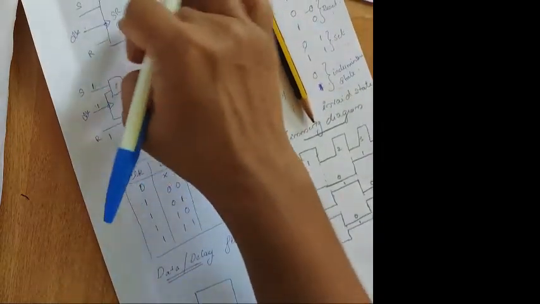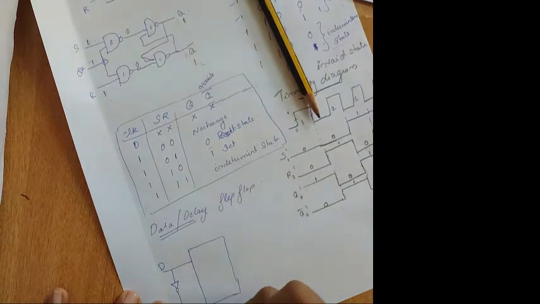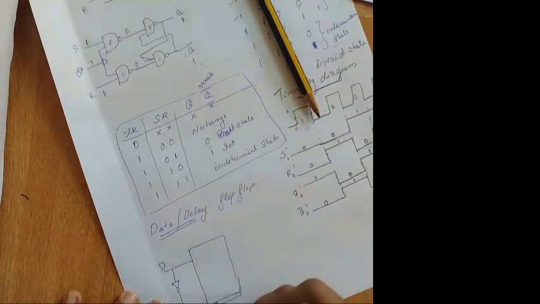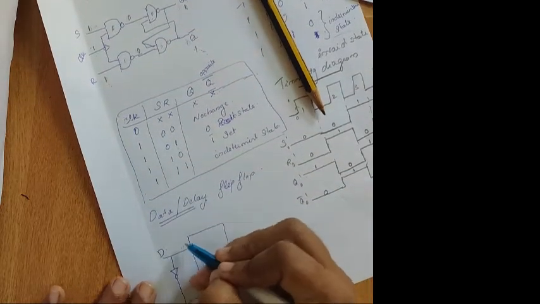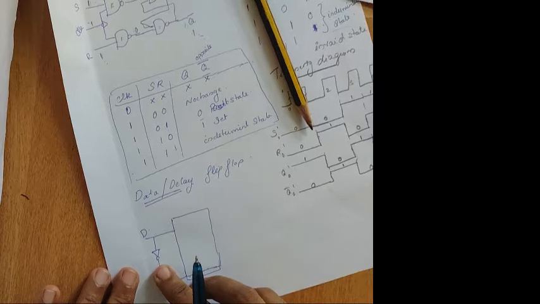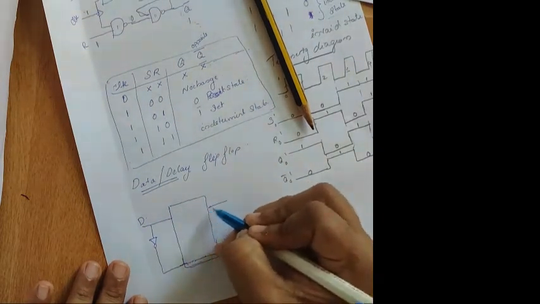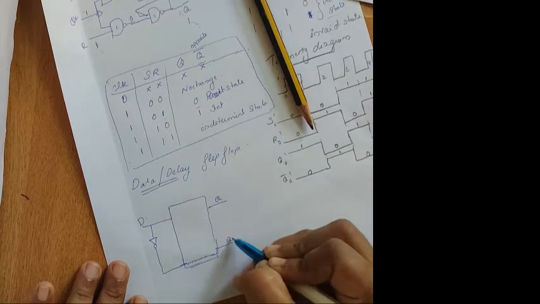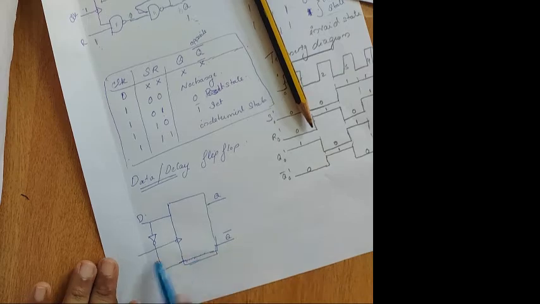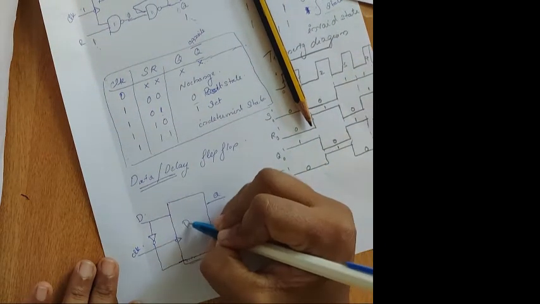So you're combining this SR flip-flop so that what happens, you're knotting S and R. Your SR is knotted using a NOT gate to obtain a D flip-flop. And it has 2 outputs, Q and Q bar. A clock pulse is there. Always your clock pulse should point outside, okay? This is D flip-flop.